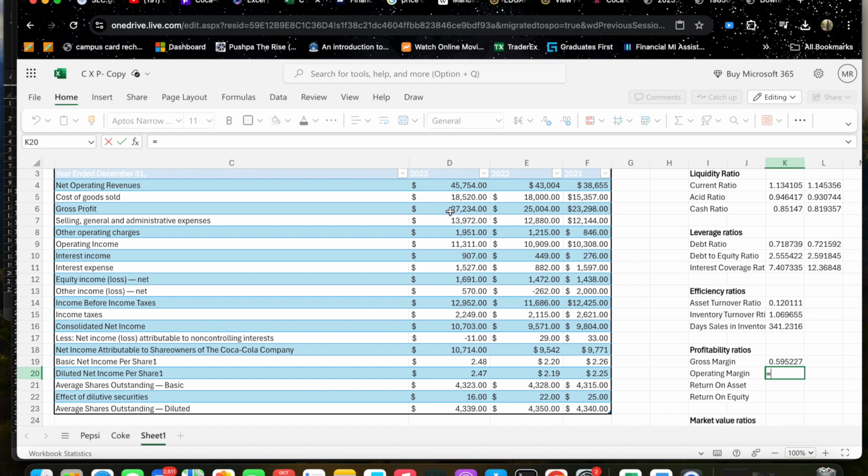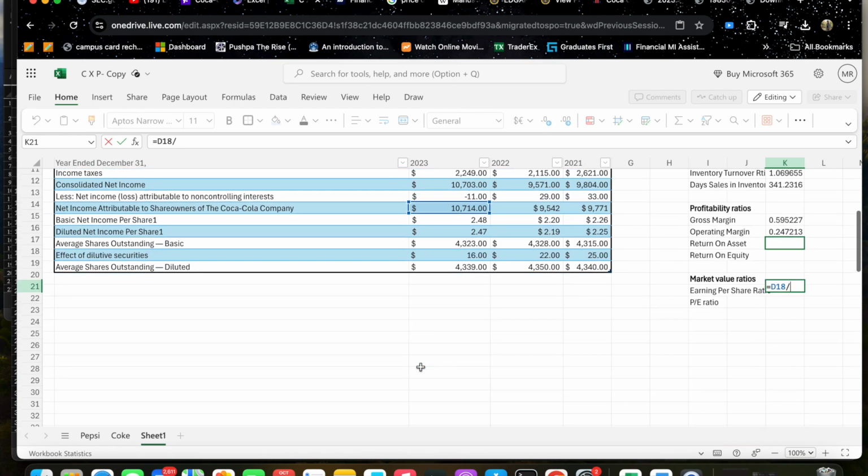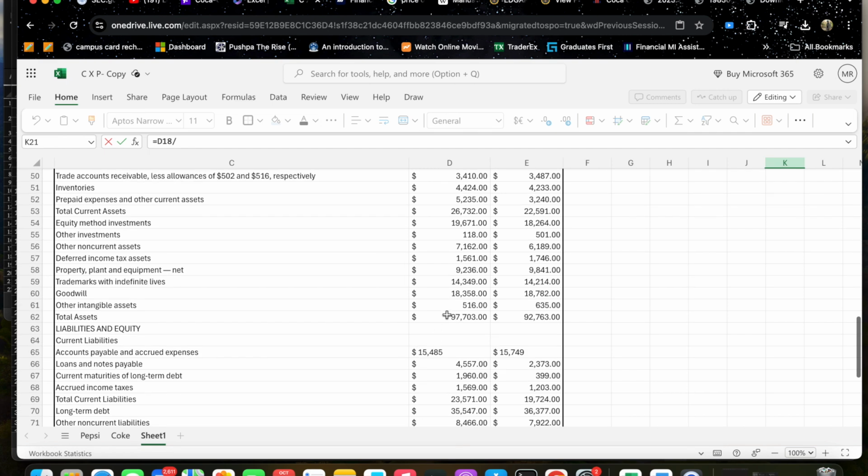Now the profitability ratio: gross margin we got 0.59, which is quite good, and the operating margin is simply the operating profit divided by the sale, and return on asset should be the net income divided by the total asset, and we will follow the same for the return on equity.